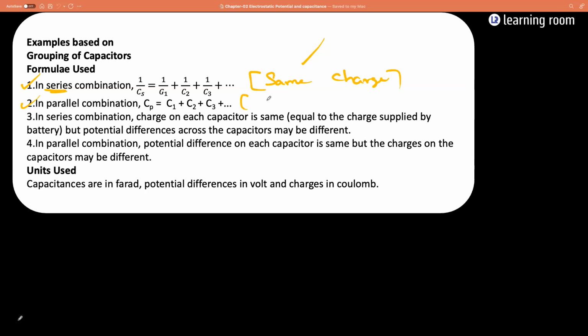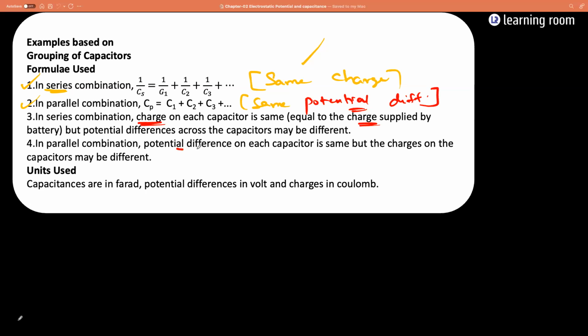When we say parallel, what is common? Same potential, actually, same potential difference. So in a series combination, the charge on each capacitor is the same. The charge supplied by the battery is equal to the charge present on each plate of the capacitor, but the potential difference will be different.